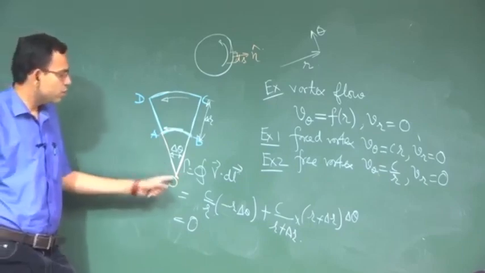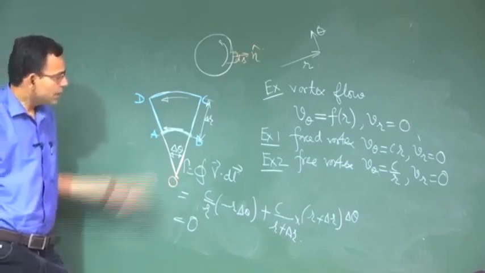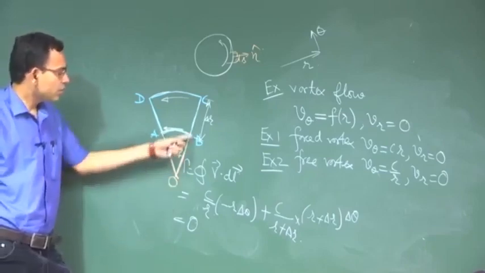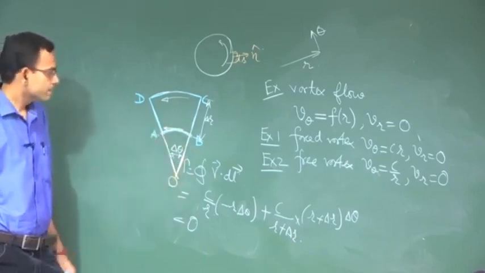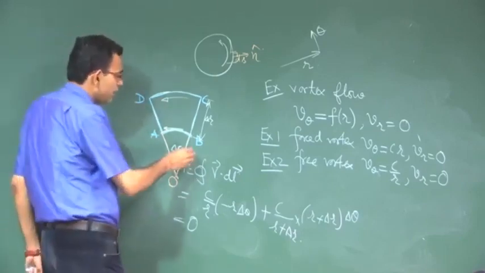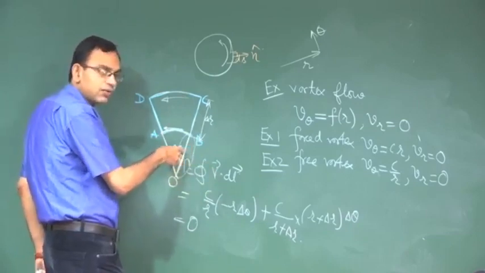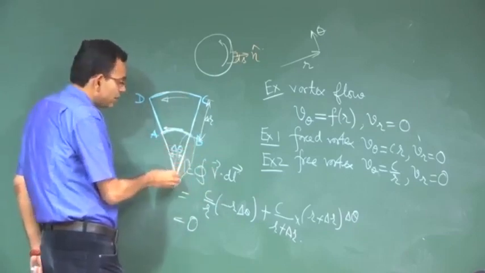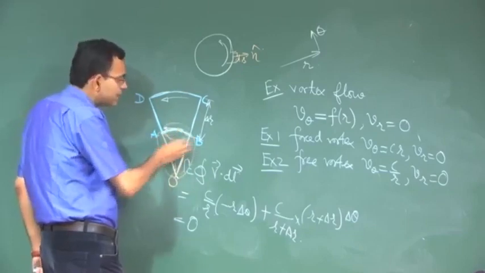If this contour OBA is chosen, then clearly the total circulation over this contour is not 0. The reason is the integral of v dot dl over this is 0, the integral of v dot dl over this is 0, but over this it is not 0.